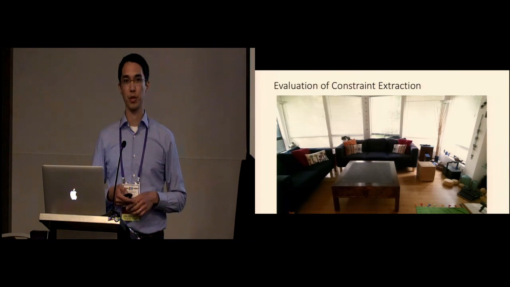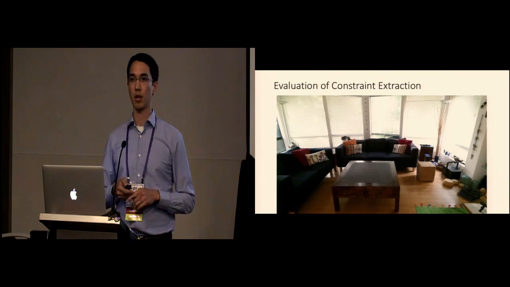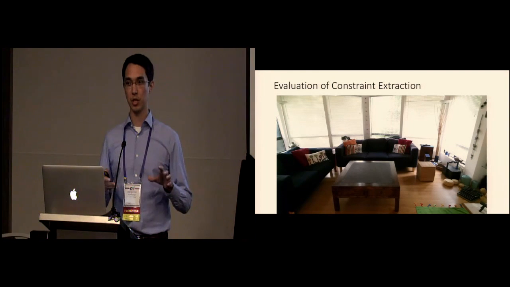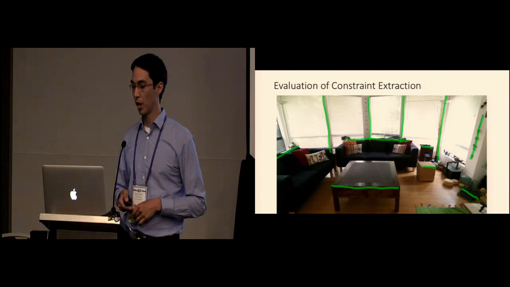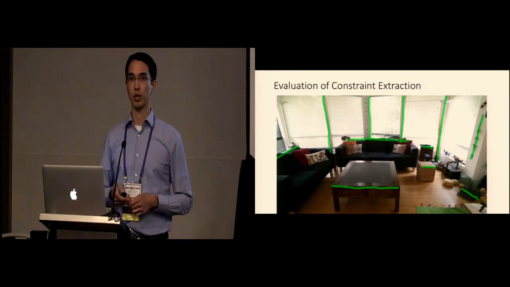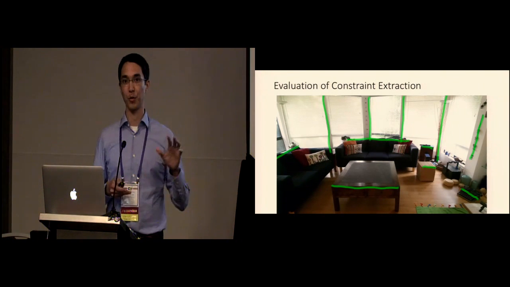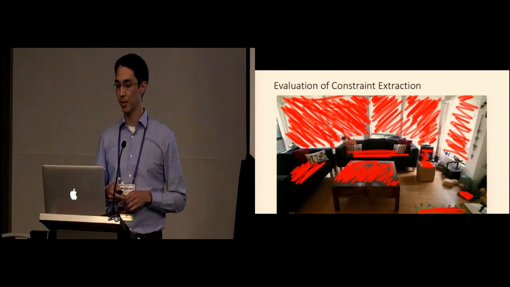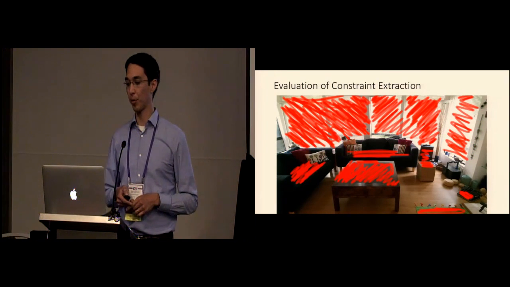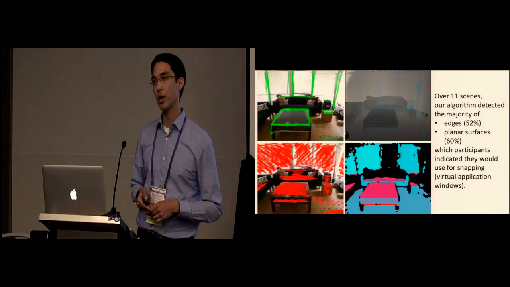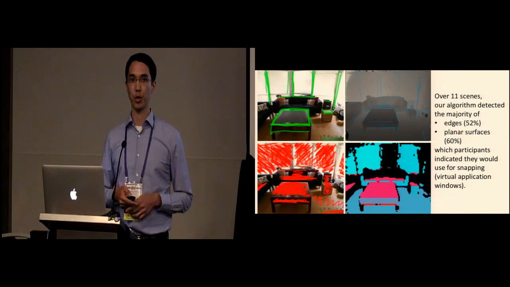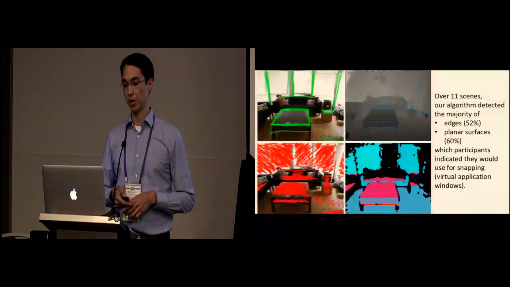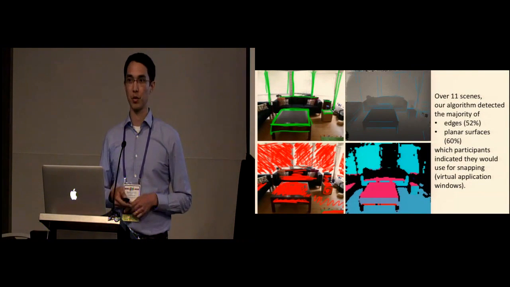And we gave 4 participants 11 scenes, and asked them to draw on these 11 scenes the edges and the planar surfaces that they would use for snapping in this context. This is an example of lines they drew, edges they drew. These are planes that one user drew. And we aggregated this over the 11 scenes. Our algorithm can detect the majority of the edges and planar surfaces that the participants indicated they'd use for snapping.